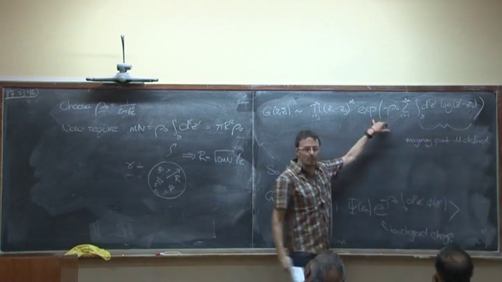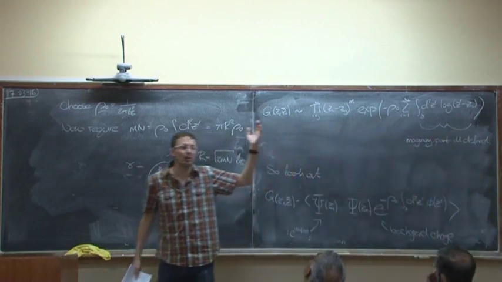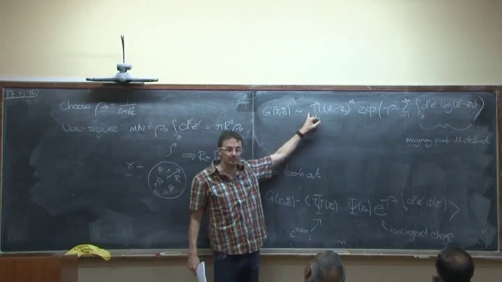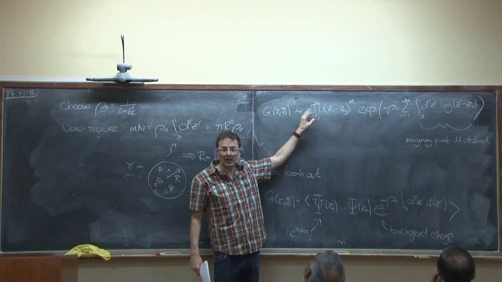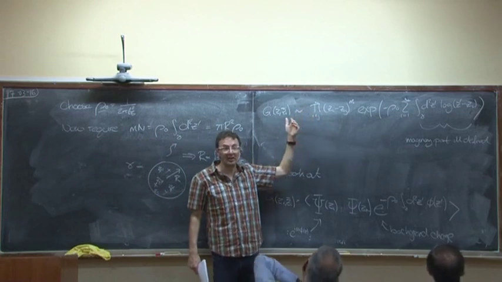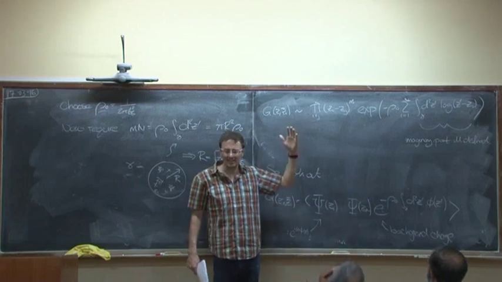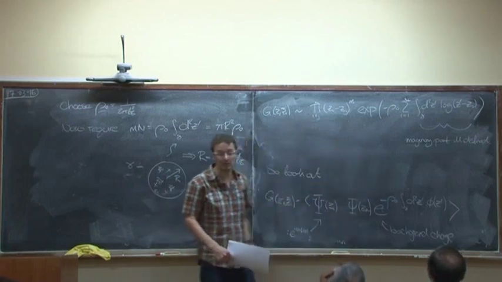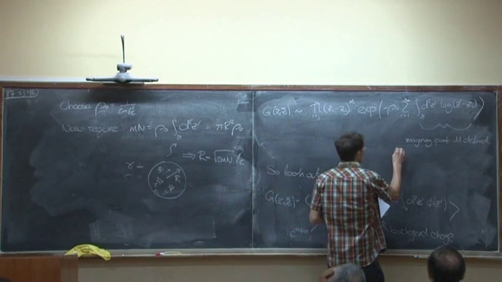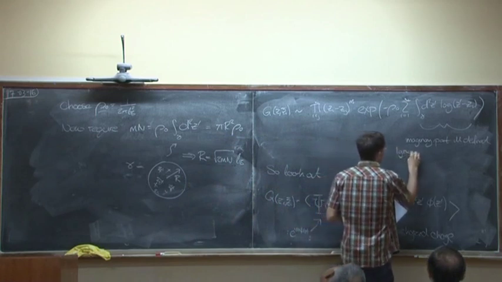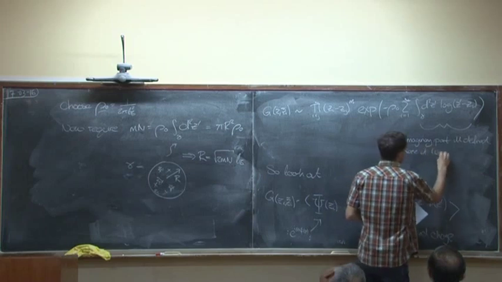But it sits in an exponential, so we're just going to say that the imaginary part gives rise to some overall phase of this correlation function. It turns out you can actually get rid of this imaginary part by doing a very, very singular gauge transformation. You can set it to 0, but we're just going to ignore it. Just give the phase.